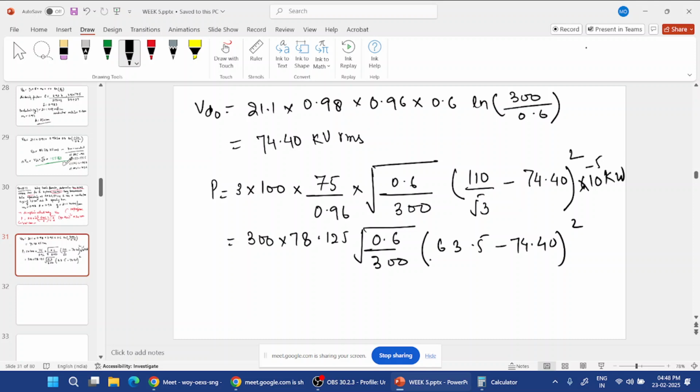It comes out to be into 10 raised to the power. This value is 118.6. Do just confirm it from your calculator.